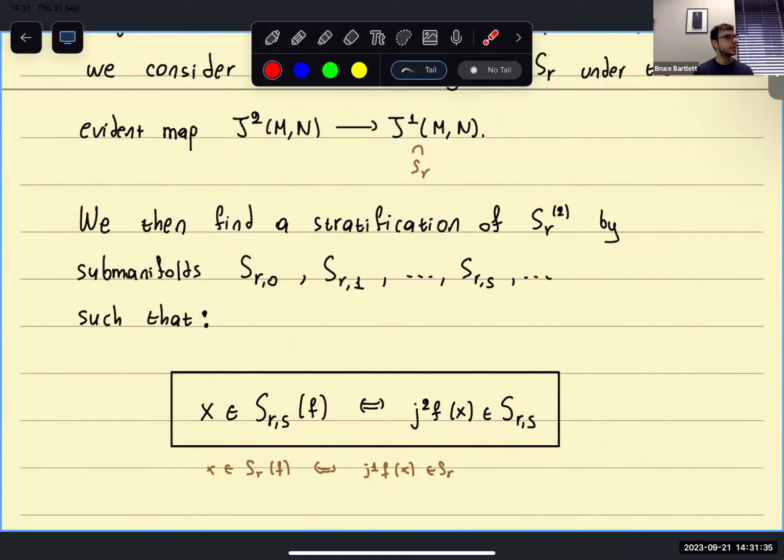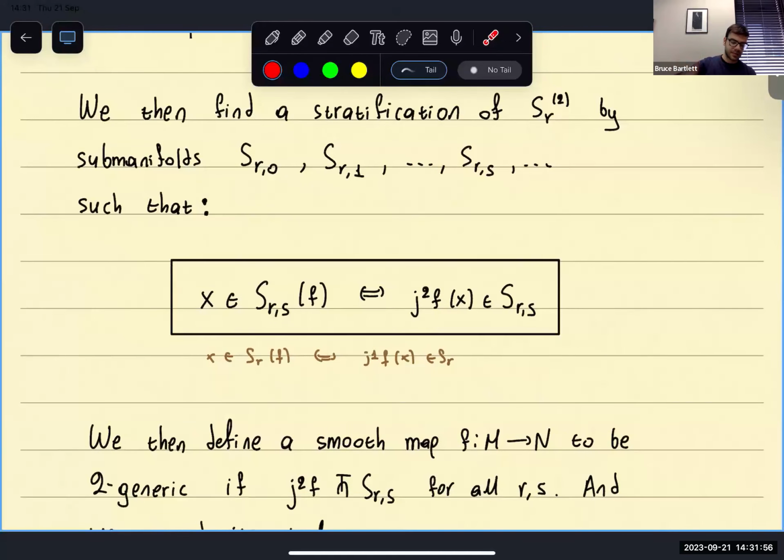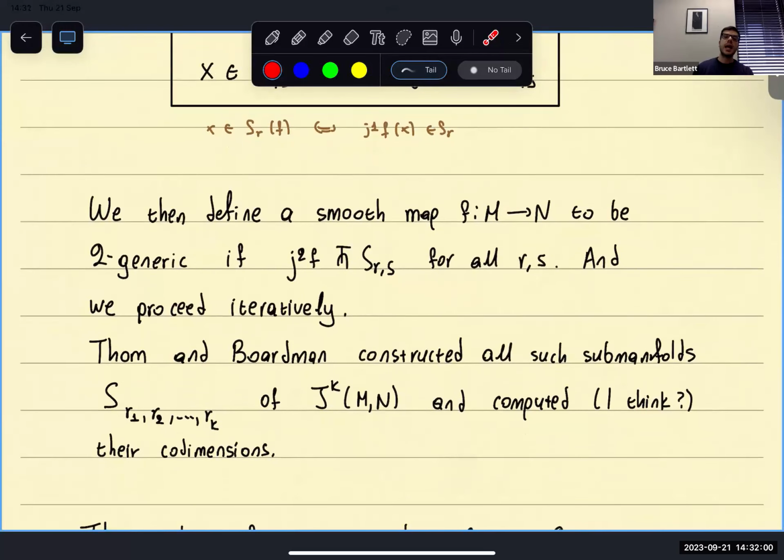Again, I'm giving a bird's eye view of what the theory does, so I will not actually explicitly construct these things because that would take us quite a bit far afield. But that's basically the main idea, and then you just proceed iteratively.